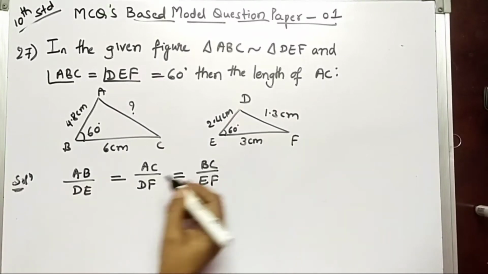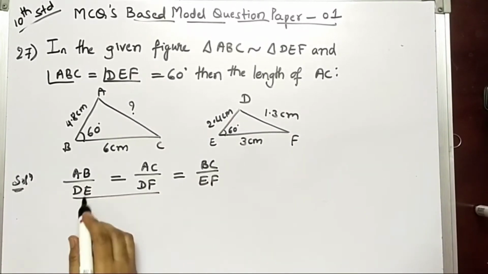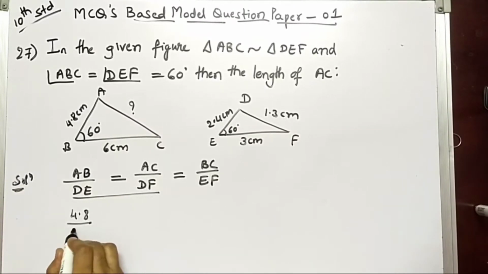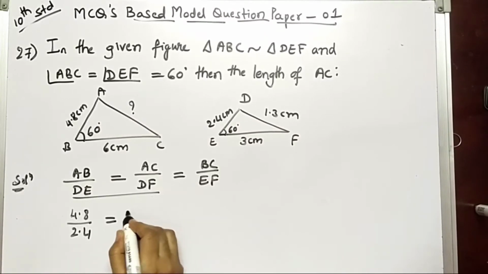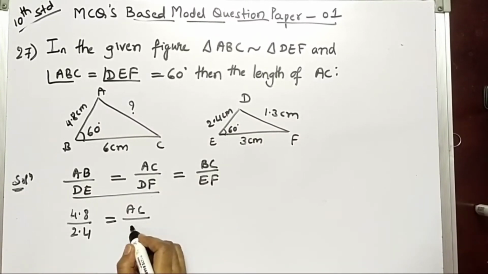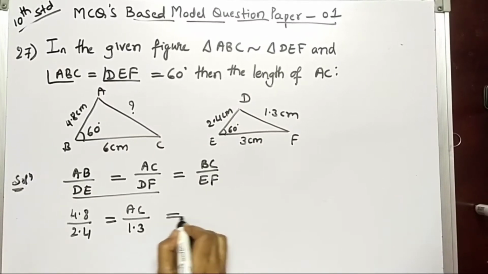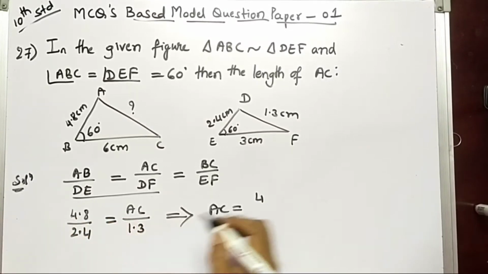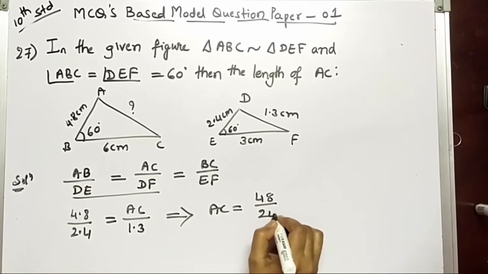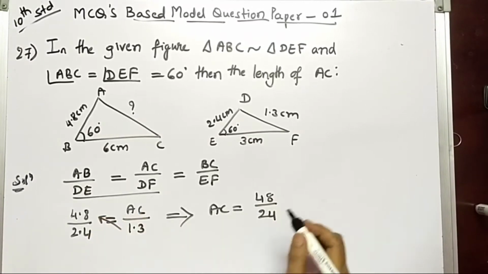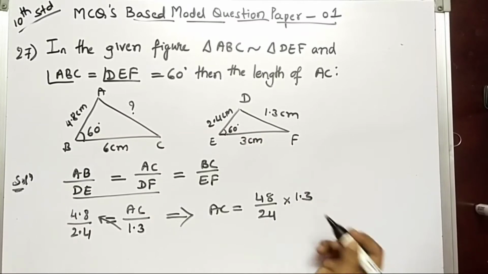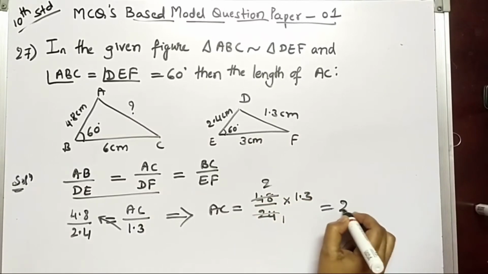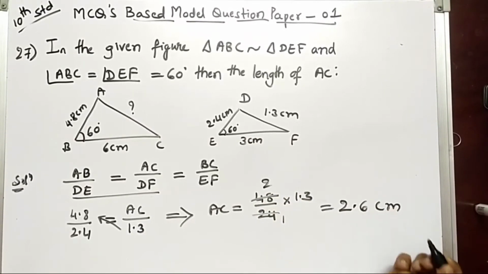But we want now AC. So for that I am taking these two only. AB means 4.8, DE is 2.4, is equal to AC, which we don't know, over DF is 1.3, which implies AC is equal to, so I will cancel this decimal point, it becomes 48 by 24 and I am taking this to this side, 1.3. 24 1 24, 24 2 48, it is 2.6 centimeter.